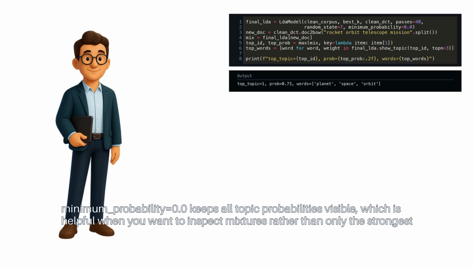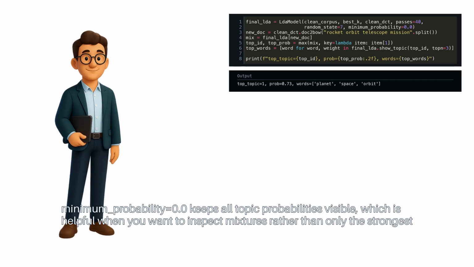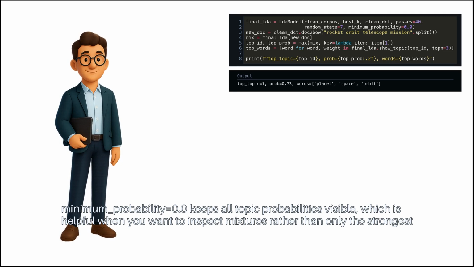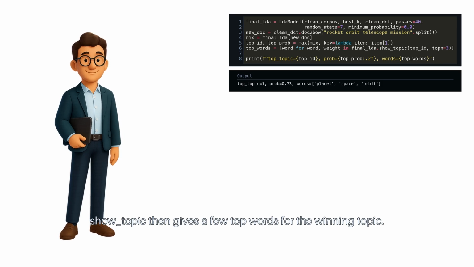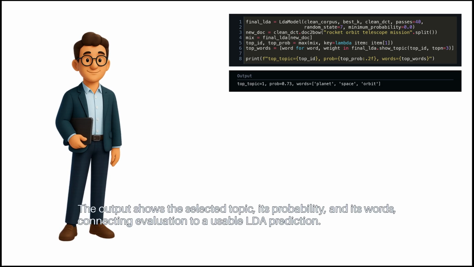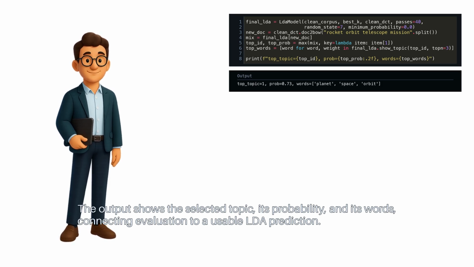Minimum probability equals 0.0 keeps all topic probabilities visible, which is helpful when you want to inspect mixtures rather than only the strongest assignment. Show topic then gives a few top words for the winning topic. The output shows the selected topic, its probability, and its words, connecting evaluation to a usable LDA prediction.